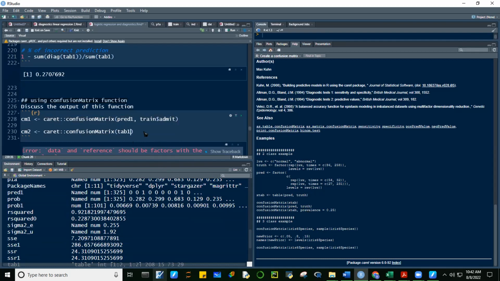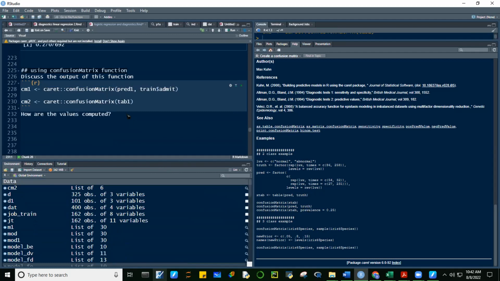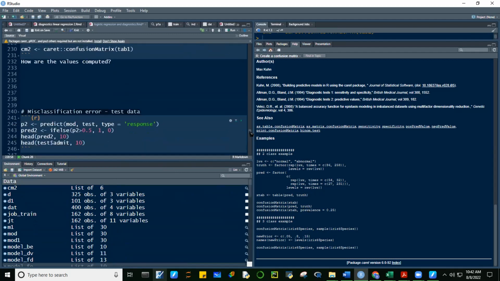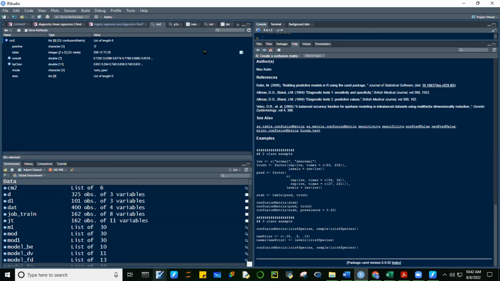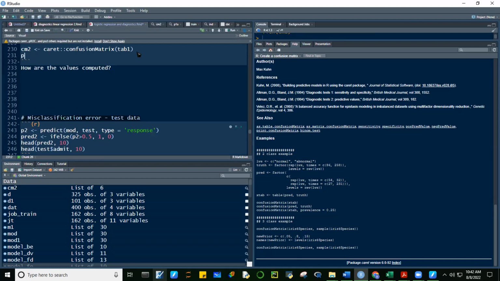Okay, let's see. Dito may error. Okay. So CM2. Print CM2, let's see.